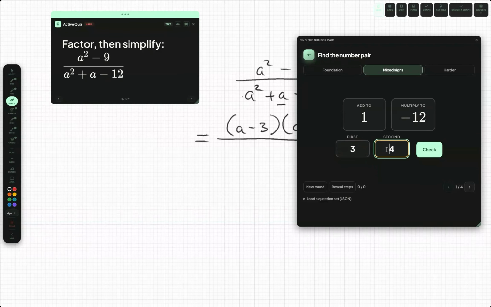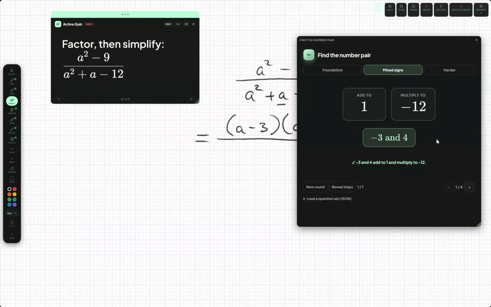If we did it the other way, 3 minus 4 would be negative, so we wouldn't add to 1. So the sign is really important in this one. We've got negative 3 and 4, and they add to 1 and multiply to give negative 12.